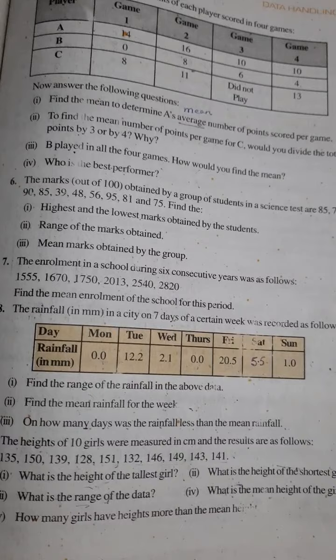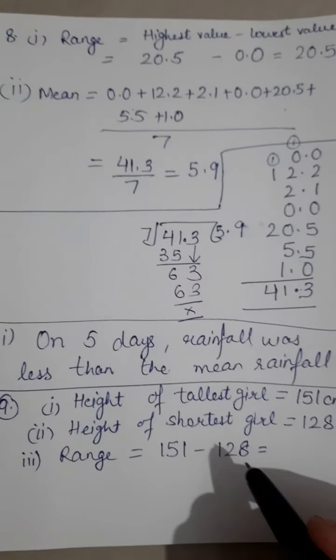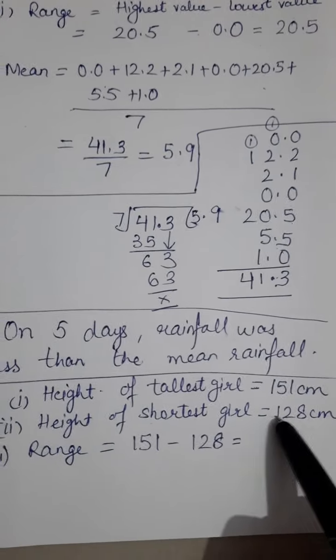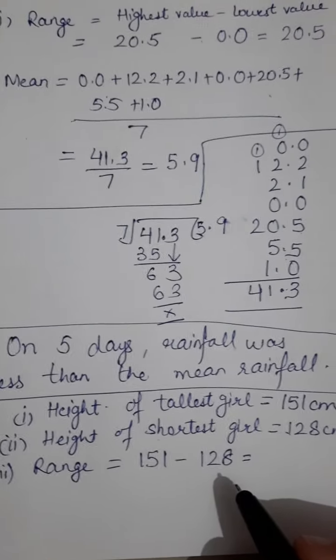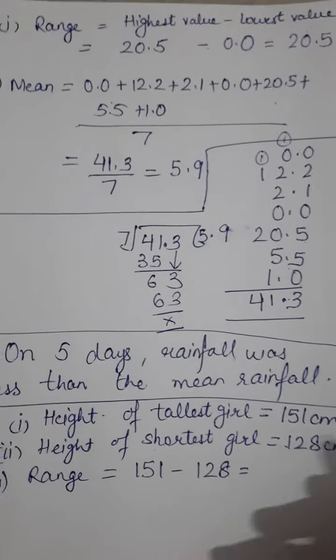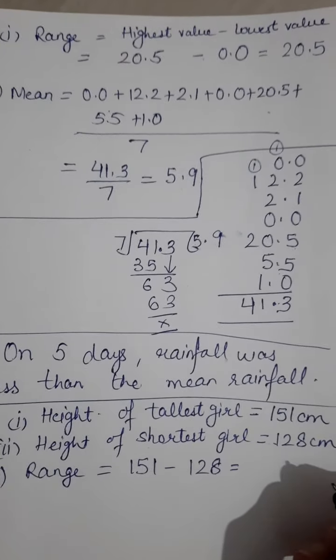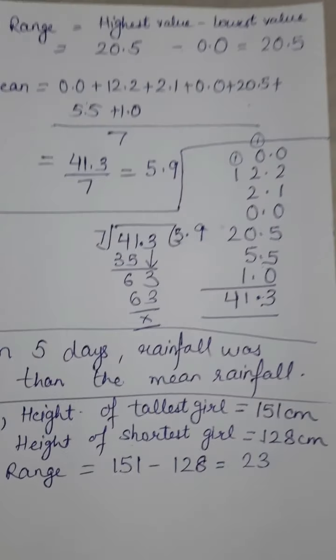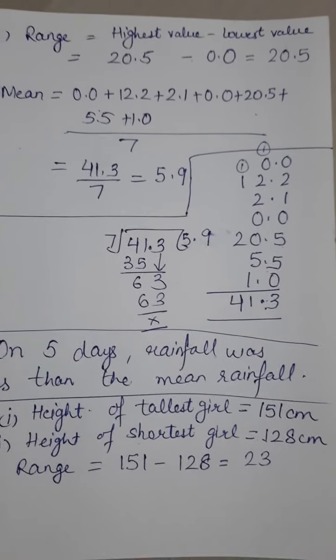So height of tallest girl 151, shortest girl 128, range is 151 minus 128. If you subtract it, you get answer as 23. So range is 23 for this data.